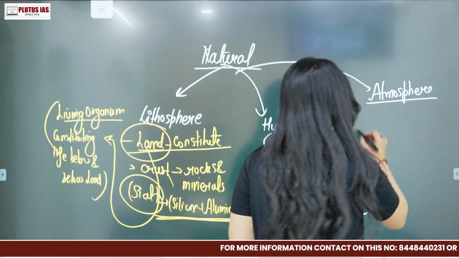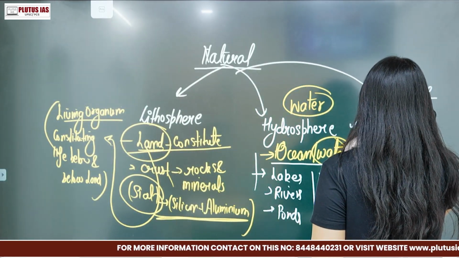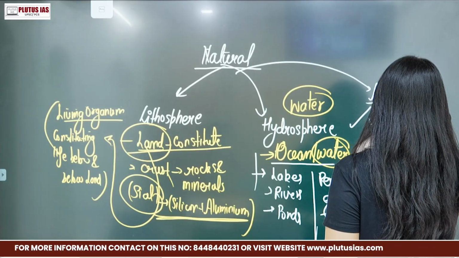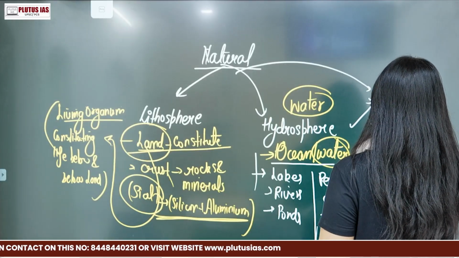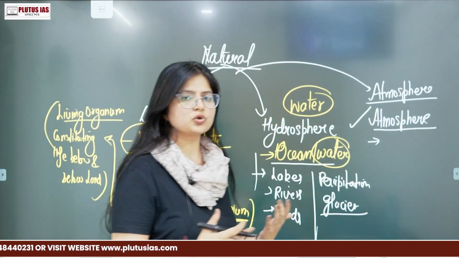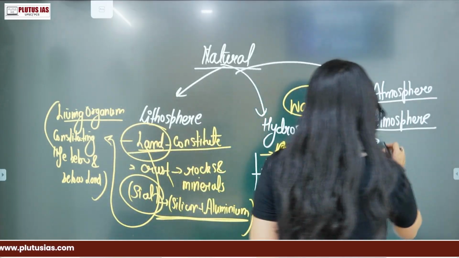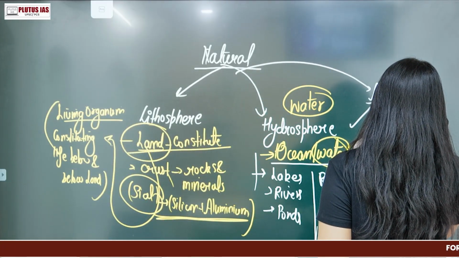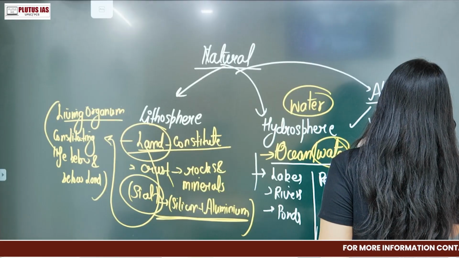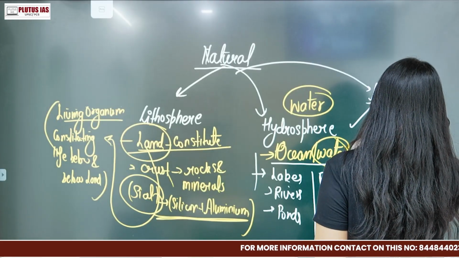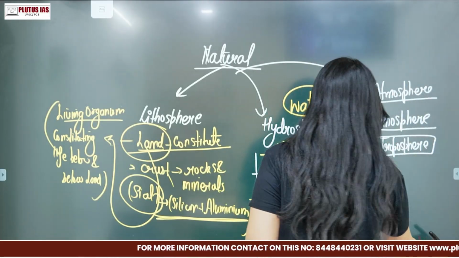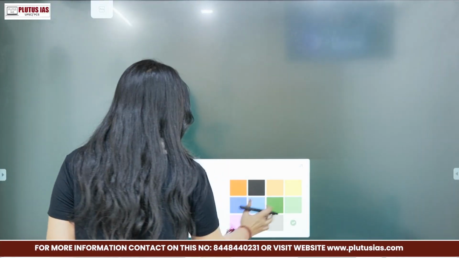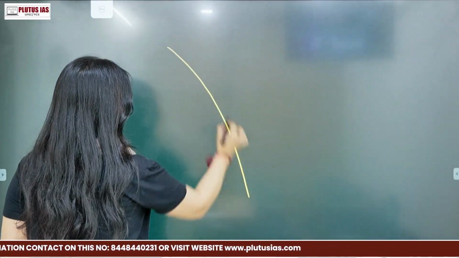Next we have atmosphere. What is atmosphere? Atmosphere also has different layers. The one which we are living in is the troposphere, right? The layer of atmosphere just above us is troposphere. After troposphere, what do we have? There are layers of the atmosphere, okay?